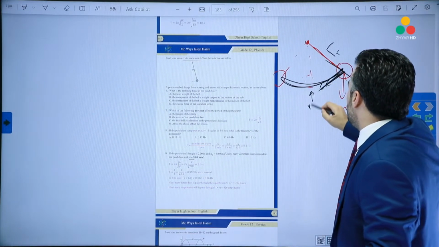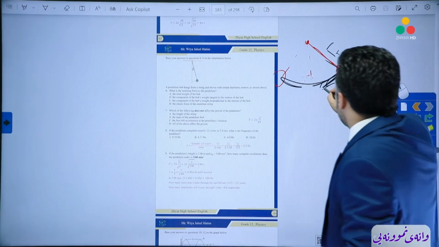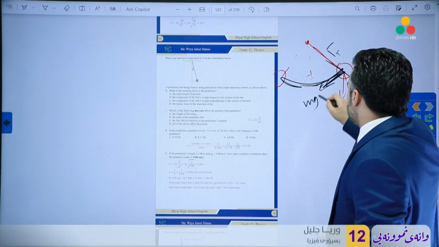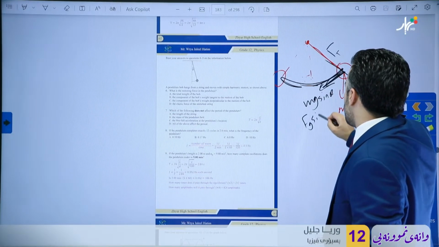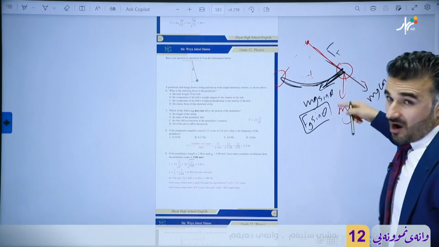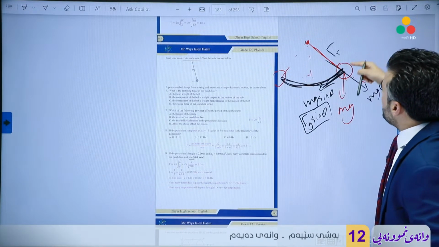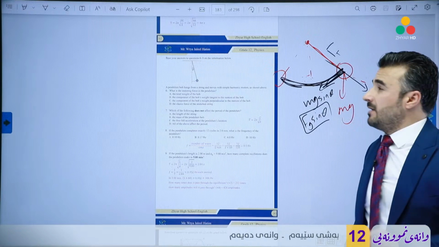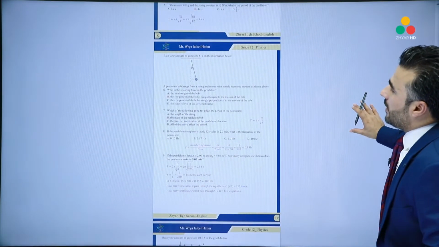So this one, let me erase this, is going to be mg sine theta. You can also call it Fg sine theta, that is also correct, yeah? So this component of the gravitational force, which is tangent to the circular path, would be the restoring force for the pendulum.